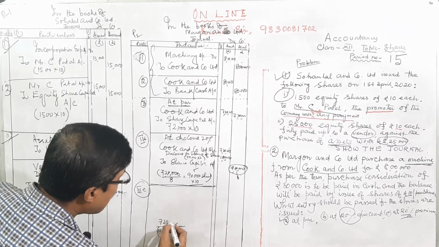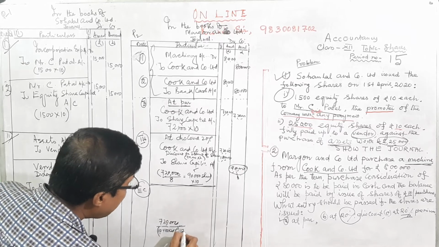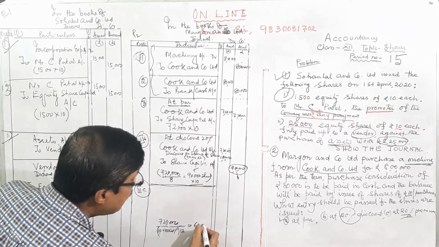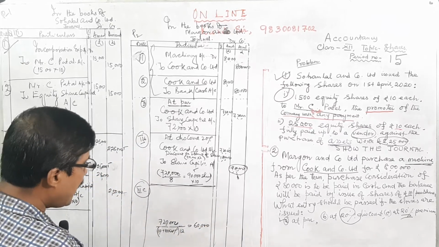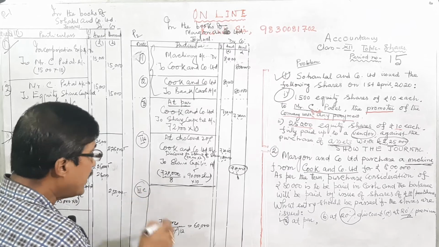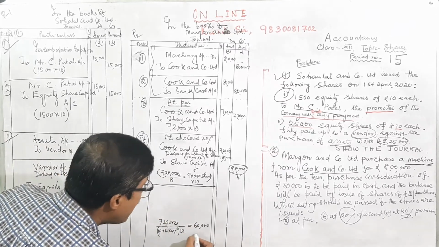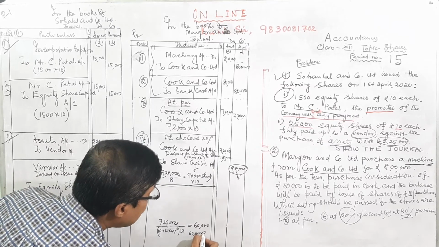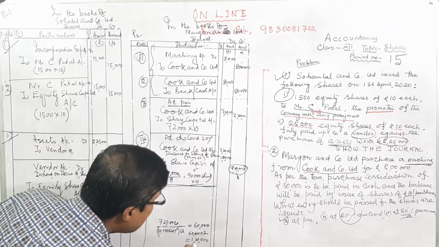Number of shares is this divided by this, so the company is issuing 60,000 shares. Premium equals 60,000 into 2, that is 1,20,000 premium.